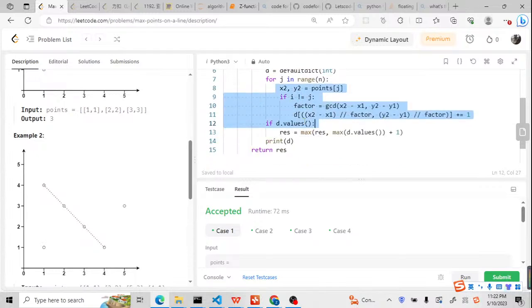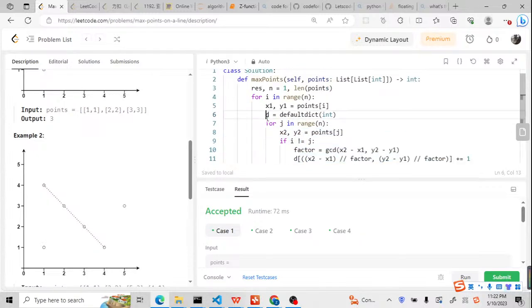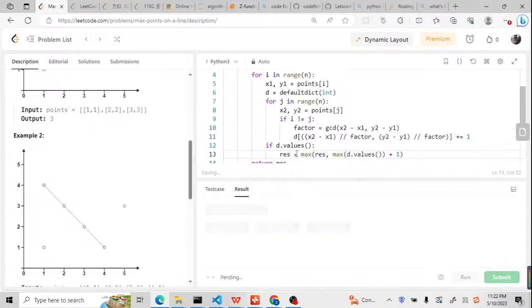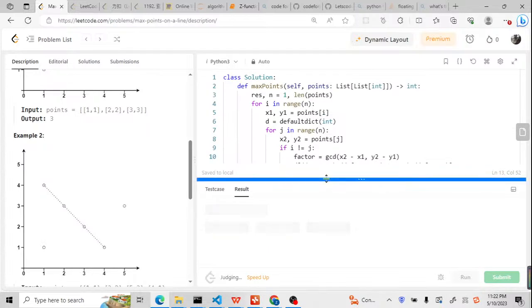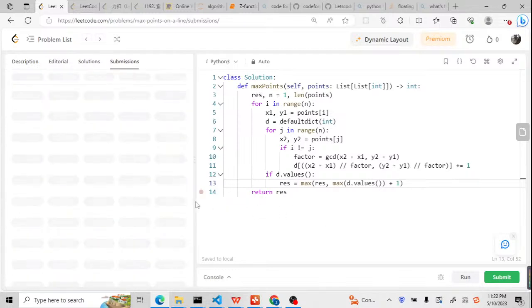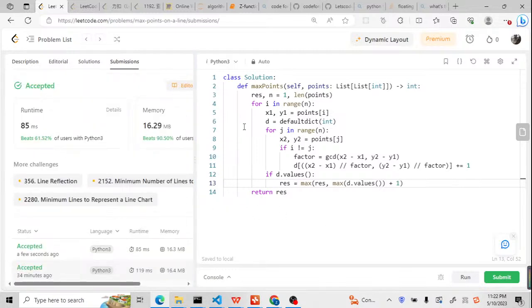If it meets the conditions, we put it inside the dictionary, and after that we check this dictionary and put it inside our result. Now let me delete the print and submit again to check if it works. As you can see, it works and it's pretty fast. Thank you for watching. See you next time.